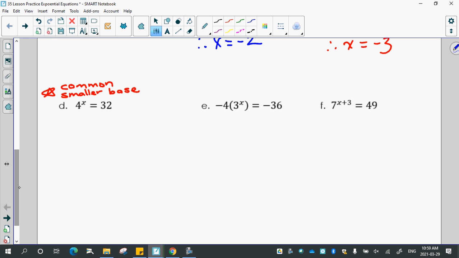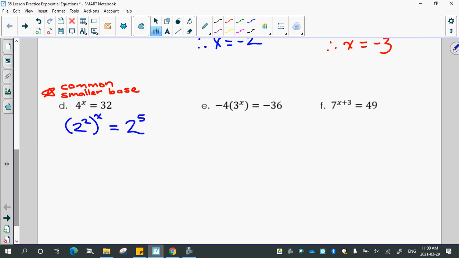Okay, so I can rewrite 4 as 2 to the power of 2, but that's still to the power of x. And I can rewrite 32 as 2 to the power of 5. So if I didn't know that, I can try around with my calculator. 2 to the 4th is 16, 2 to the 5th is 32, and I can find that out.